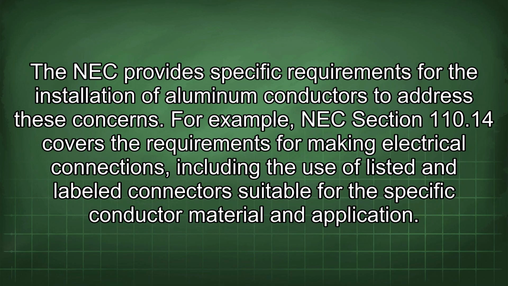The NEC provides specific requirements for the installation of aluminum conductors to address these concerns. For example, NEC Section 110.14 covers the requirements for making electrical connections, including the use of listed and labeled connectors suitable for the specific conductor material and application.